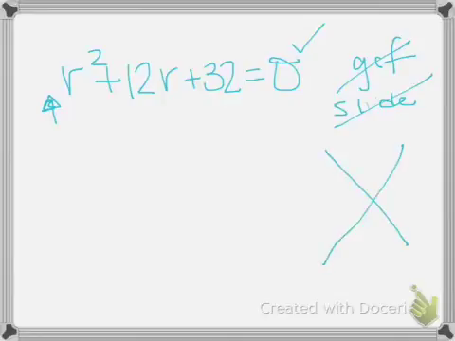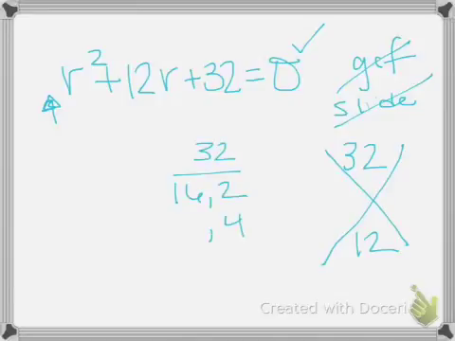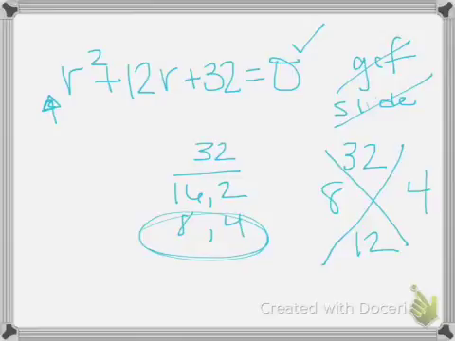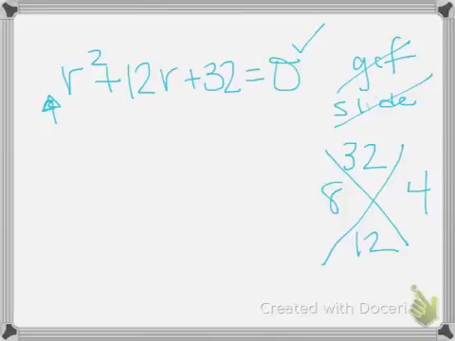We can go right to our big X factoring. So we're finding what multiplies to 32 and adds to 12. If you make a list of factors of 32, this may help you. As soon as you get two numbers that add or subtract to 12, you want to try those in your big X and make sure that you can assign some signs that work for your problem.